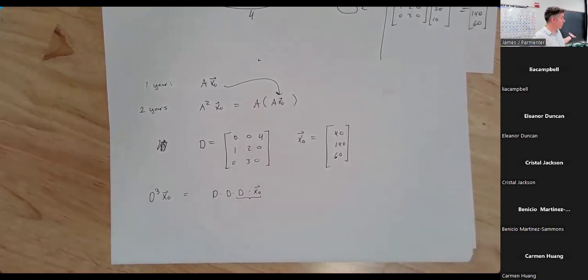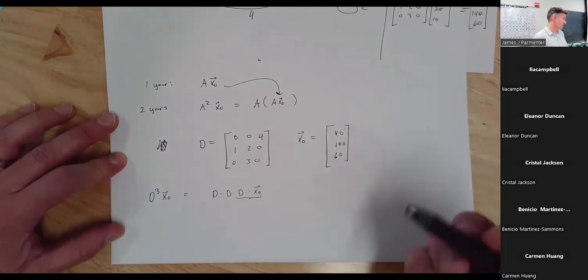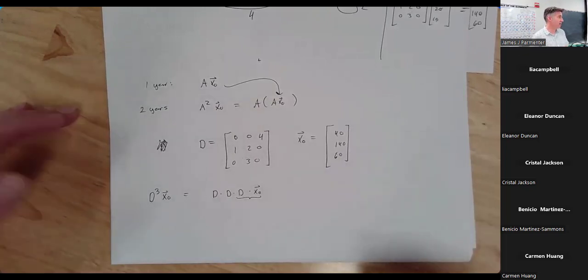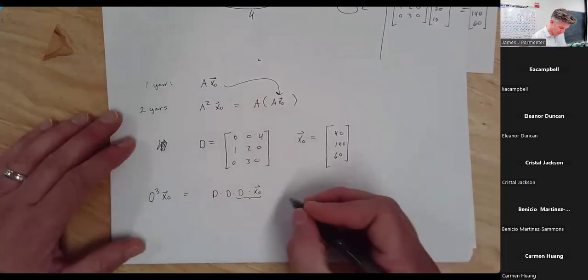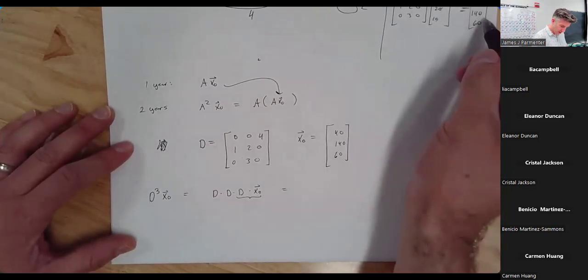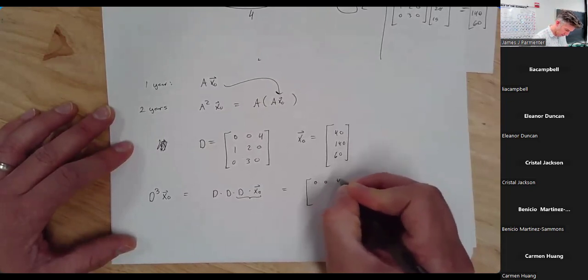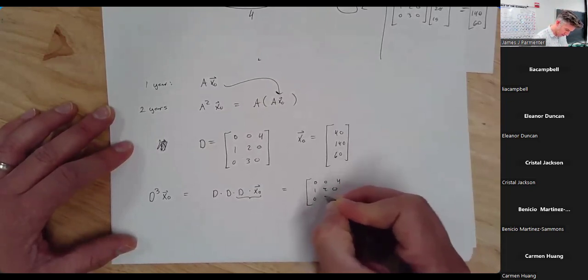You can pick any order you want, but it's often easier to do a 3x3 times a 3x1 versus a 3x3 times a 3x3 times a 3x3 and then multiplying it by that. So you want to pick the order that's easiest. We already did D times X naught once. So now we have the matrix 0, 0, 4, 1, 2, 0, 0, 3, 0.